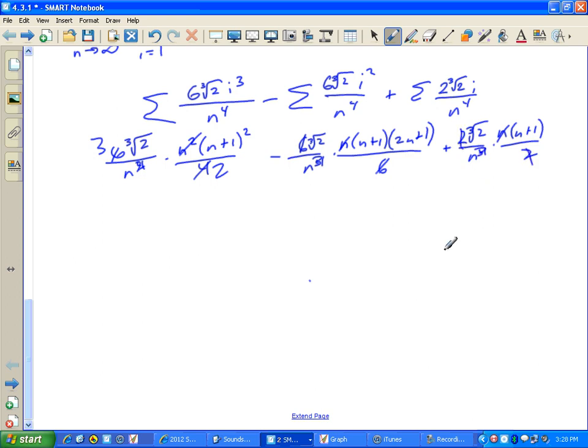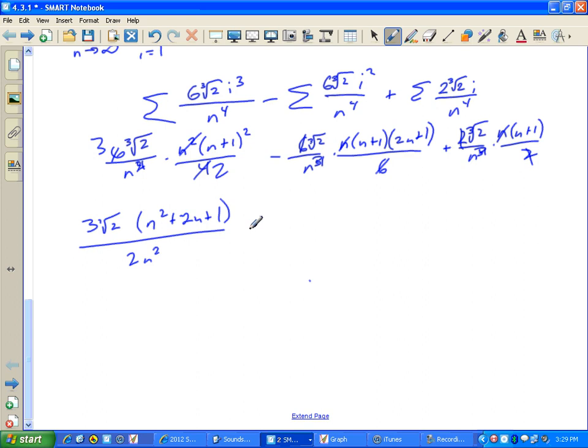These 2's will cancel. So now looking here, I'm going to square this out. That'll be n squared plus 2n plus 1, and on the bottom I've got 2n squared.